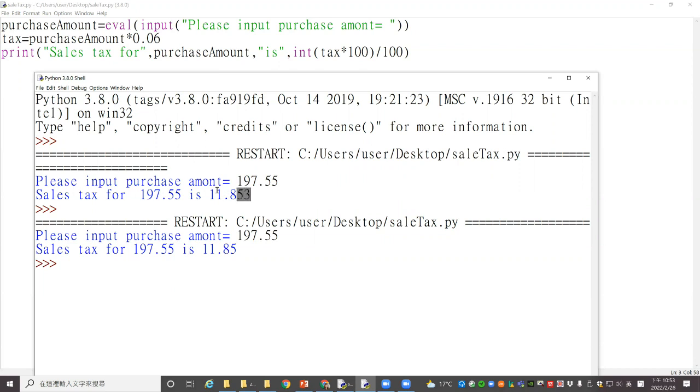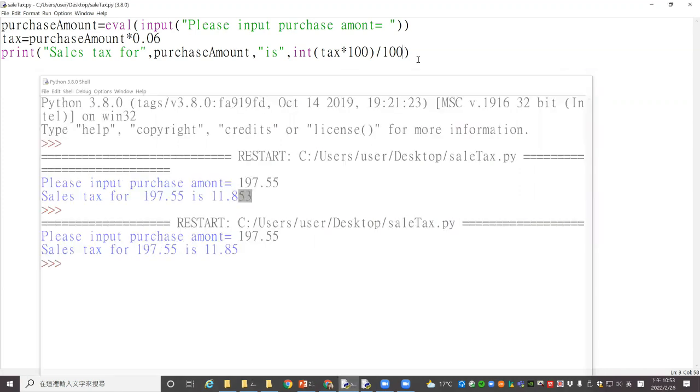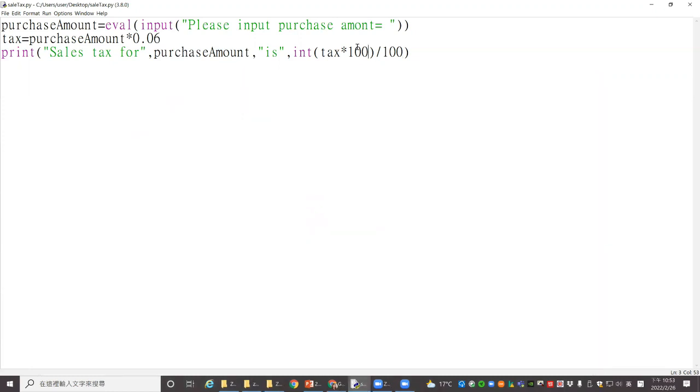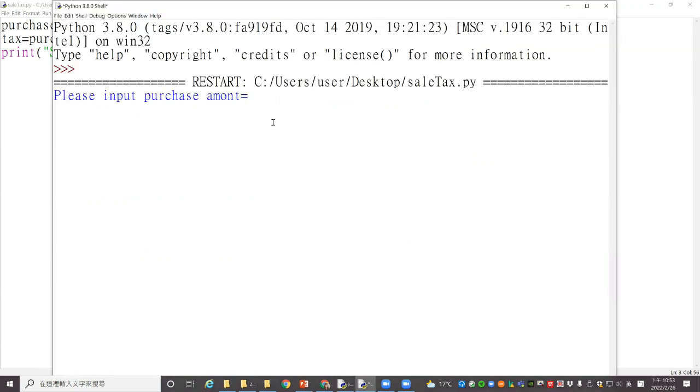Yep, and we get the int part. Then we also divide it back. Then we will get one digit. So if we want to get 1 digit, we just multiply by 10 and divide by 10. Then we will see the result. Okay. Yeah, now we only want to get 1 digit.